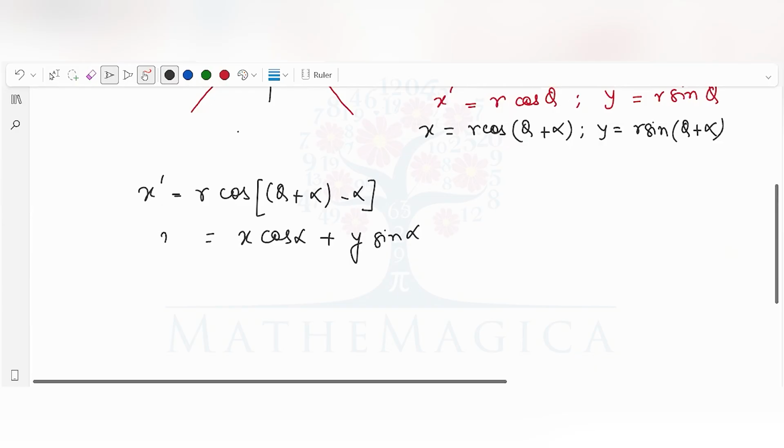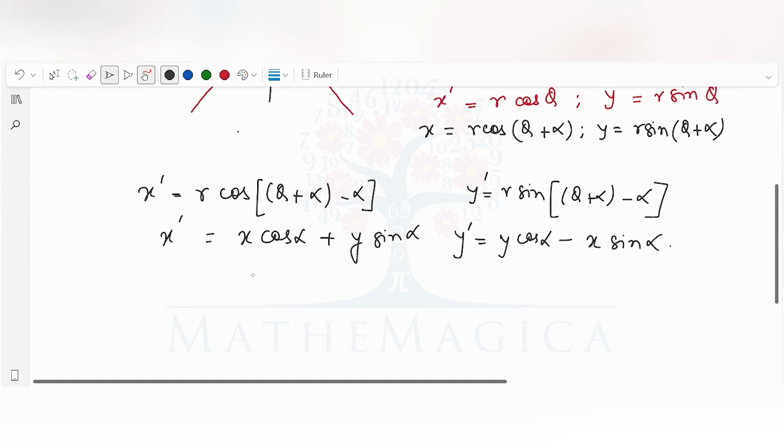So this is your x bar. And y bar can be written similarly: r sin(theta plus alpha minus alpha), that is y cos alpha minus r cos(theta plus alpha) sin alpha, which is x sin alpha.